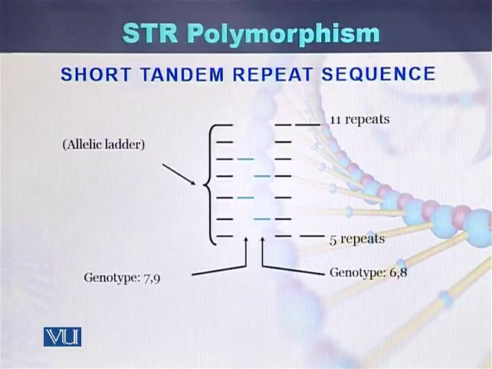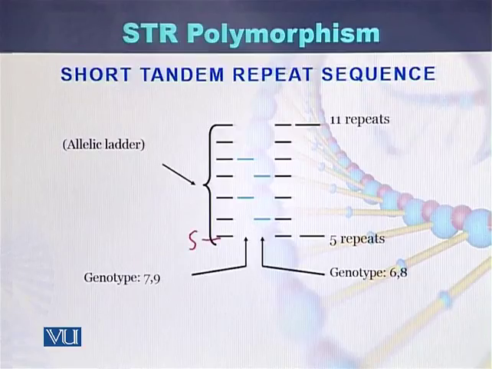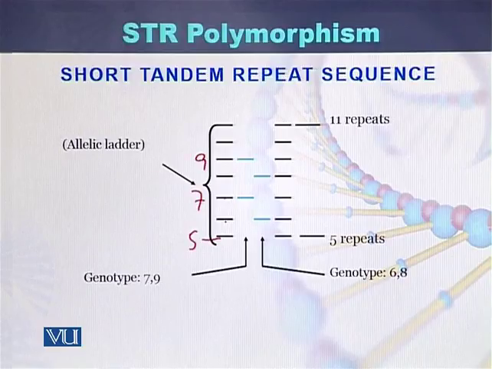How are these alleles separated from each other? If a genotype has 7 and 9, let's say this is repeat number 5, this is 6, this is 7. One allele is present at approximately band number 7 and the second allele is present at about 9. So the genotype will be marked as 7 and 9.